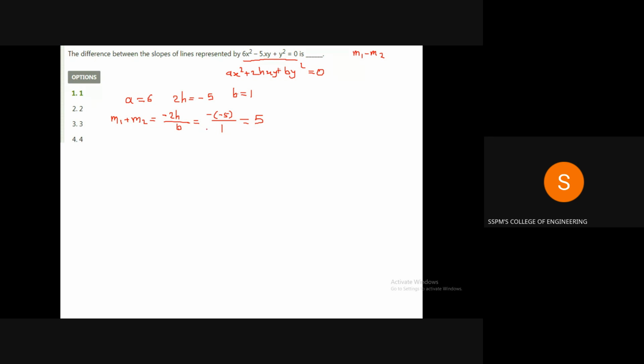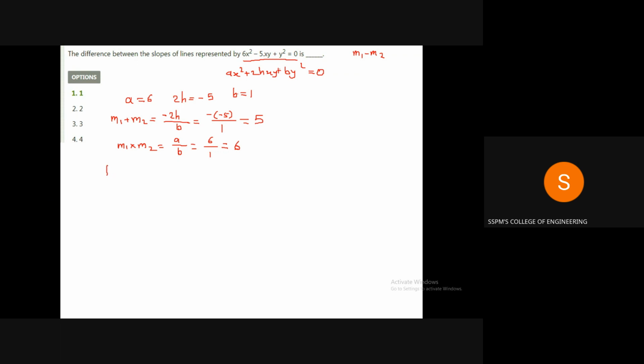So m1 plus m2 is 5. Similarly, what is m1 m2? It is a divided by b. Remember this, a by b. A is 6 and b is 1. So 6 divided by 1 is 6.